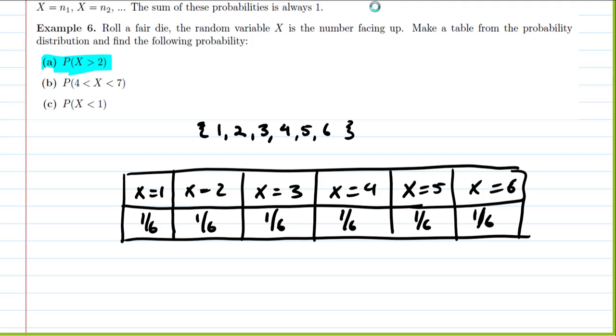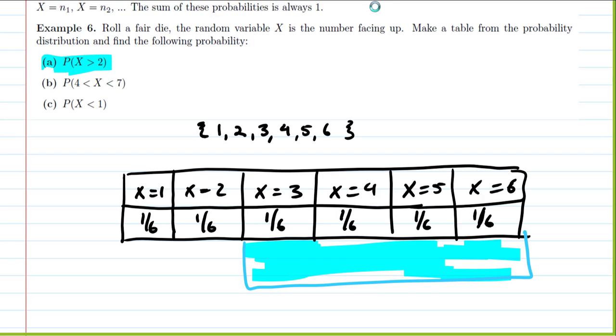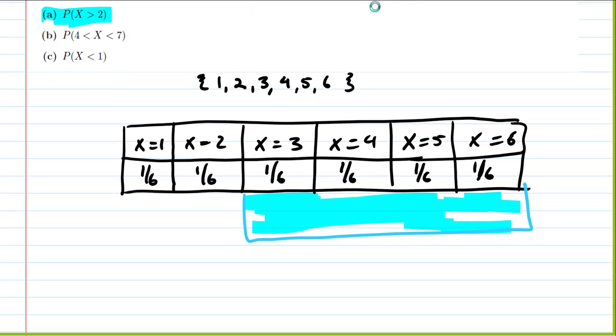Well, the probability that x is bigger than 2 is going to be all of these, right? So how many ways can that happen? 4/6.